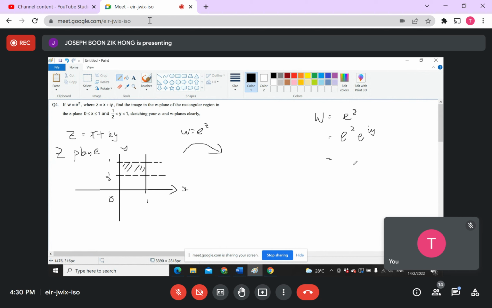In other words, what you have is e^x times cos y plus i sin y. This one you want to write or not, up to you, this part. Because what we know, this one is your modulus, and this is your angle.